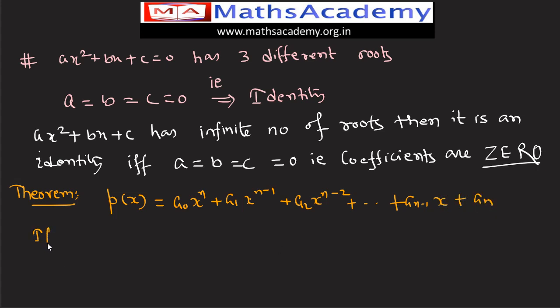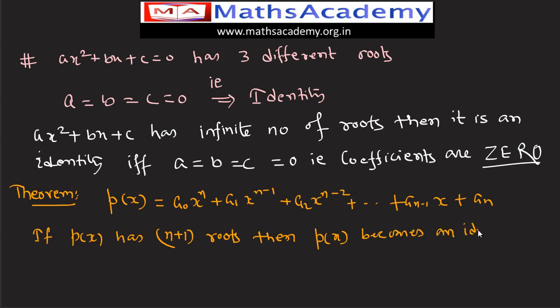If P(x) has degree n, and if P(x) has n plus 1 roots, then P(x) becomes an identity. And it is possible if and only if all the coefficients are 0: a0 is equal to a1 is equal to a2, and a n minus 1 and a n all are 0.